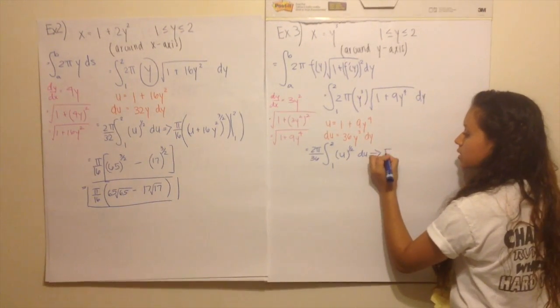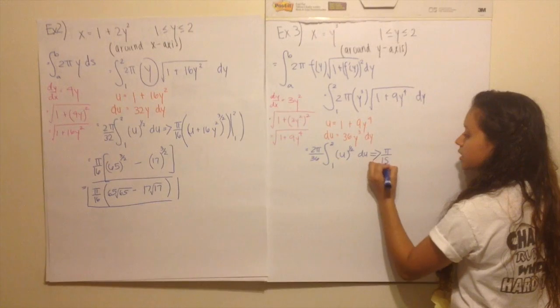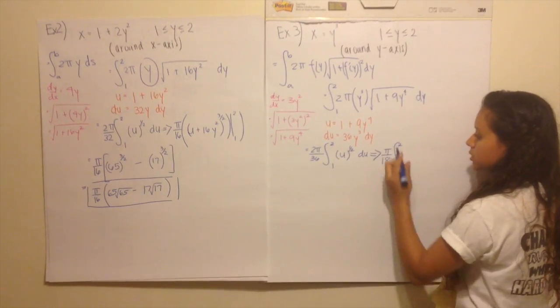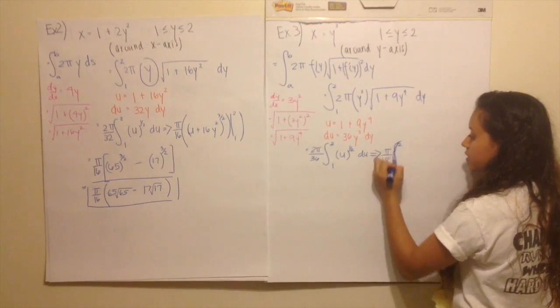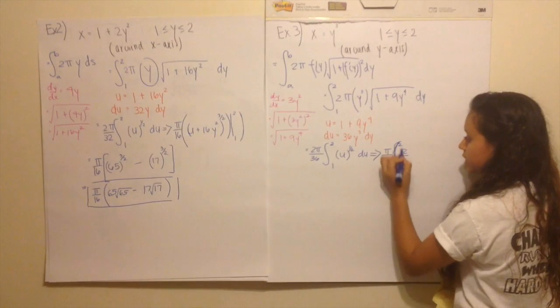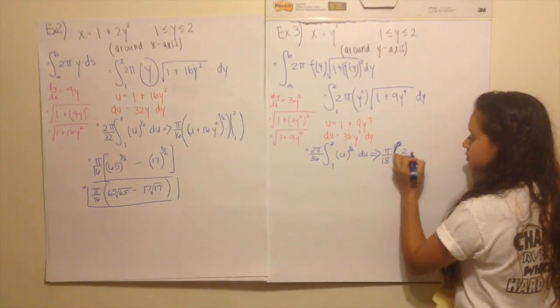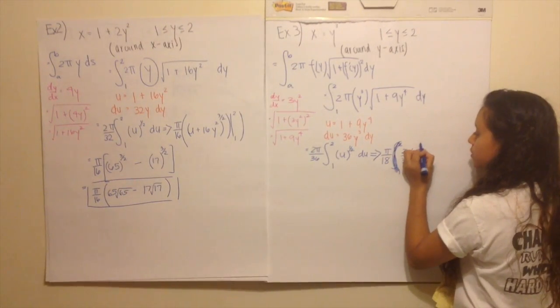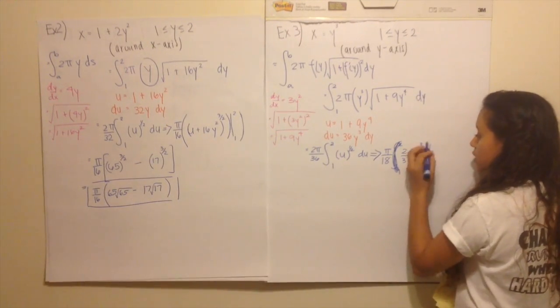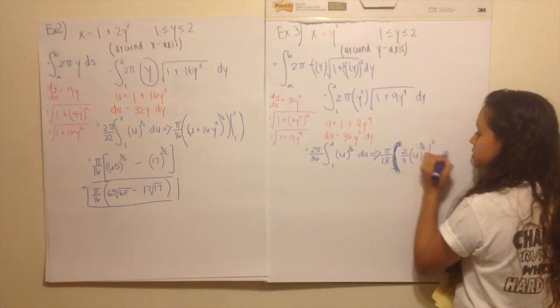So this would be pi over 18, and since we're integrating, it's going to be 2 over 3 u to the power of 3 over 2, with our interval from 1 to 2.